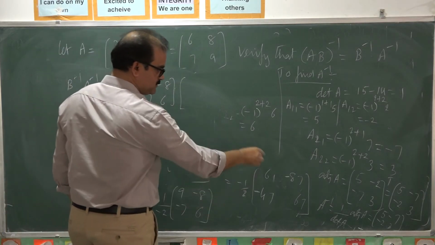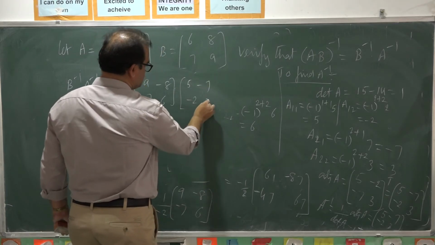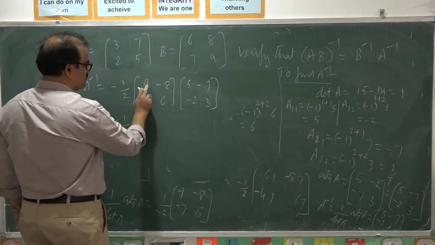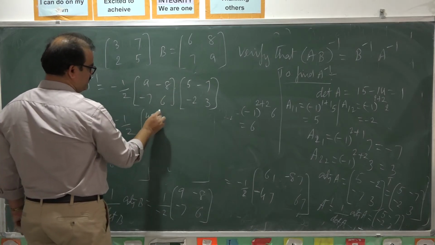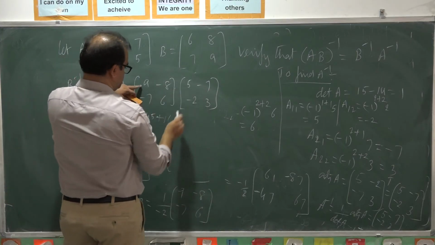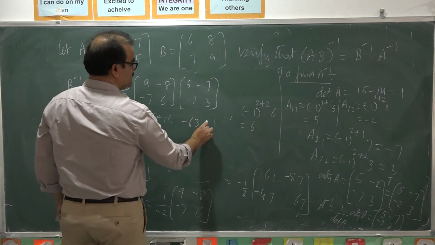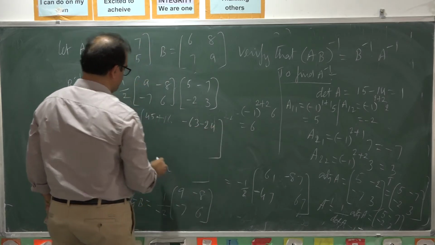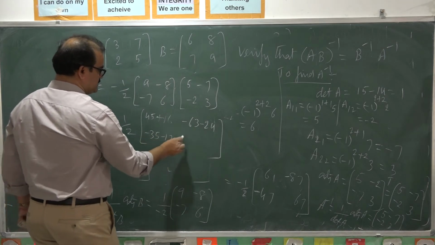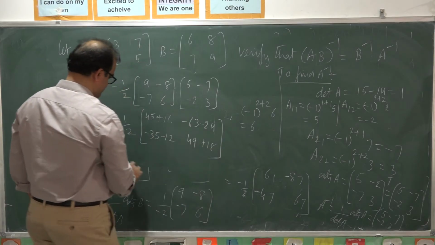What is A inverse? 5, minus 7, minus 2, 3. 45 plus 16, 9 into minus 7, minus 63 minus 24, minus 35 minus 12, 49 plus 18.